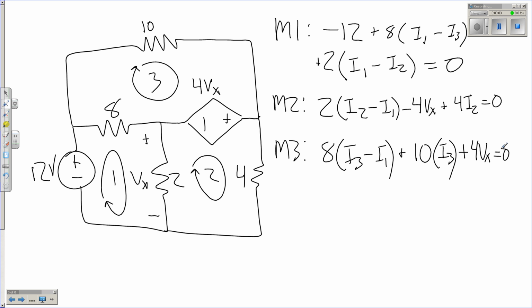Now in this case, what is Vx? Well, we already defined it, right? Vx is just the 2 ohm resistor times (I1 minus I2). We can sub that in, and voila, we have another set of linear equations that we can use to solve this.